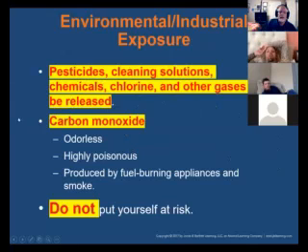Could be carbon monoxide. Carbon monoxide, remember, has 300 times the affinity for hemoglobin as oxygen does.